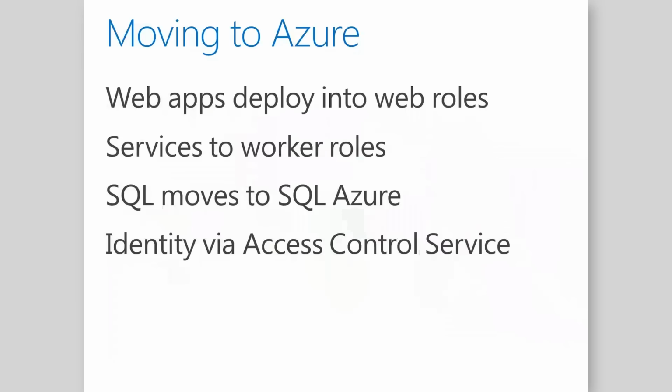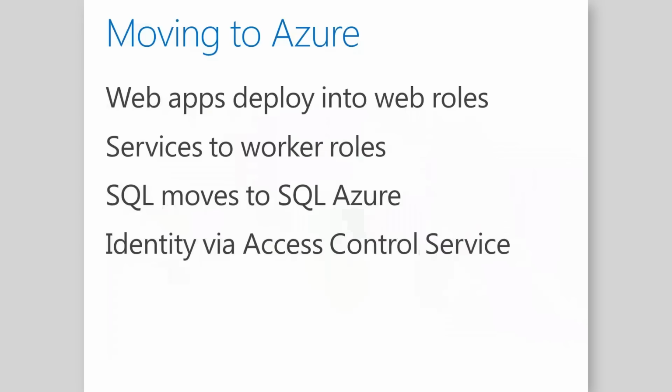If you open Visual Studio with a web application, and you have the Windows Azure SDK installed, you can just right-click on the application and say, I want to add this to a cloud project, and away it goes. It does all of the configuration stuff for you, and then you can just deploy it up into Windows Azure. There are some great examples of how to do that online. I'll point you at some resources later on. I've got some cool websites to show you. It really is a fairly straightforward task.